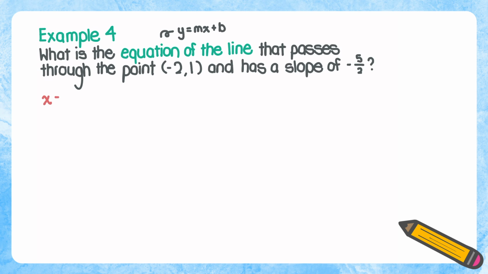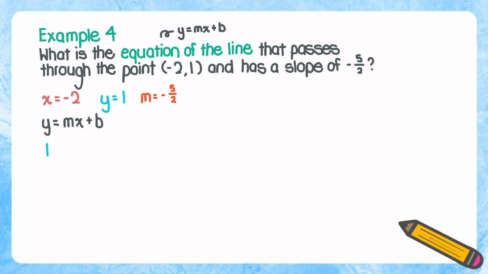Okay, so x for this problem equals negative 2 based on the point that we're given, and y equals 1. And our slope, m, equals negative 5 over 2. And we're going to plug these values, or replace these values, into the equation y equals mx plus b.